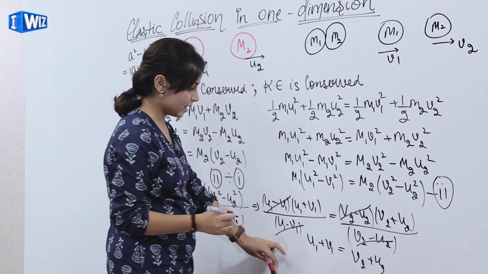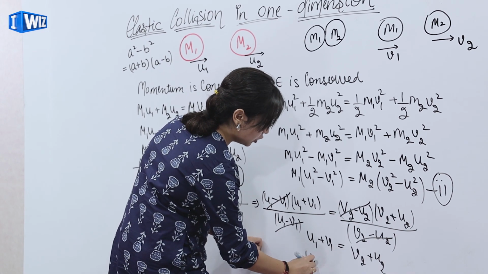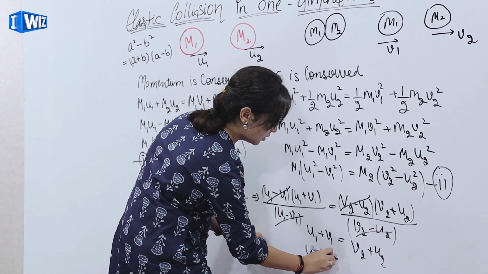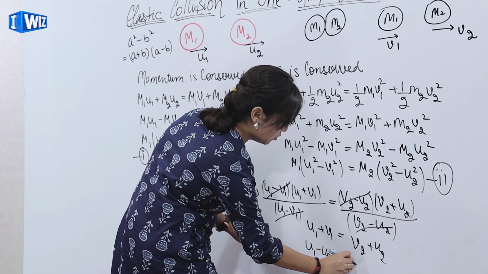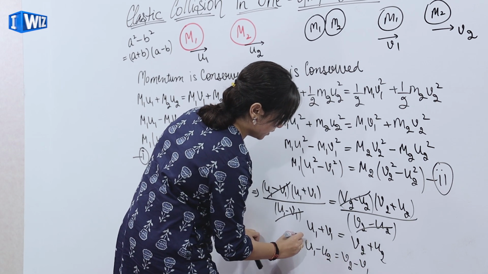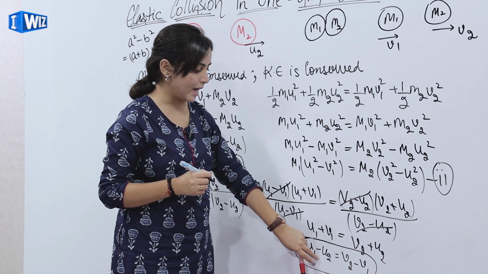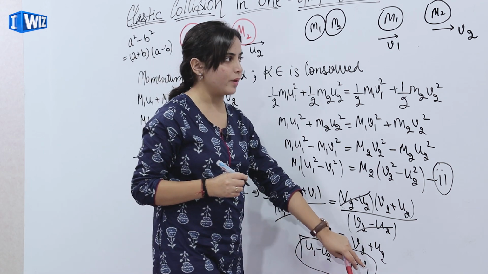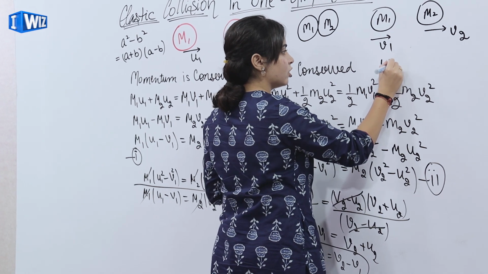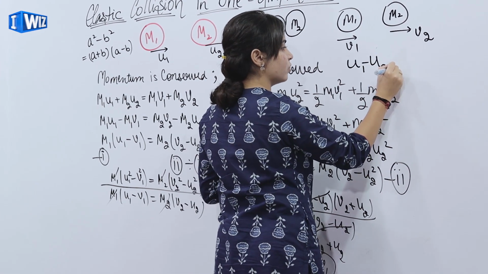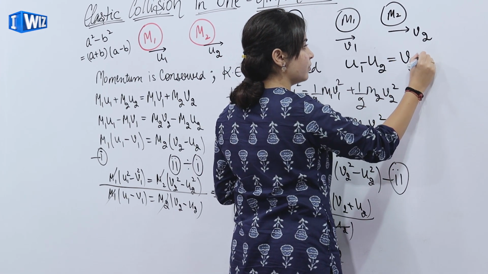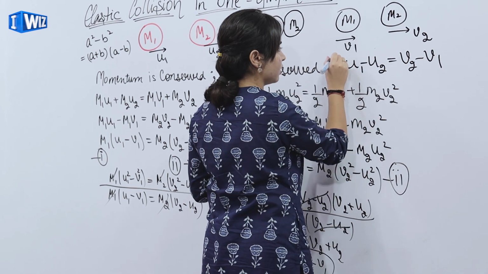Or I can write this as u1 minus u2 is equal to v2 minus v1. So we get u1 minus u2 is equal to v2 minus v1.